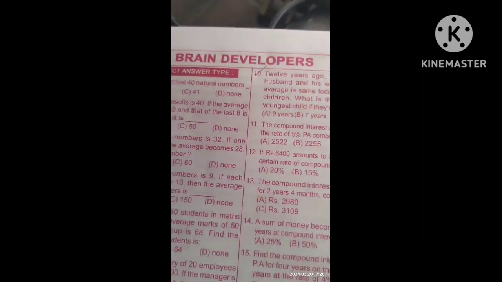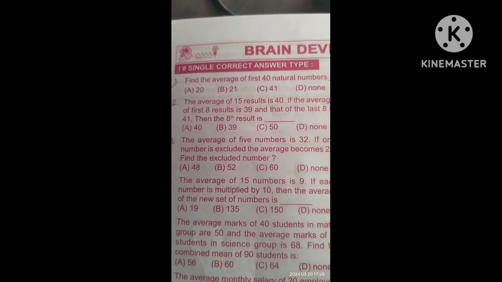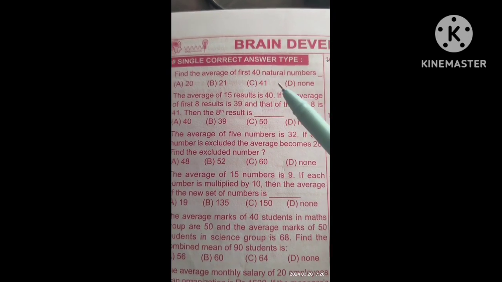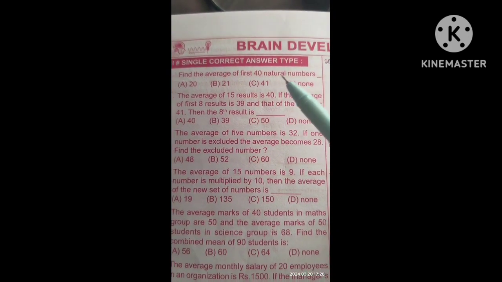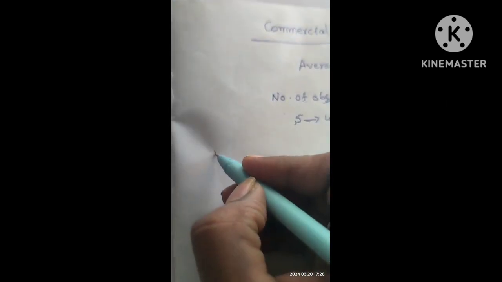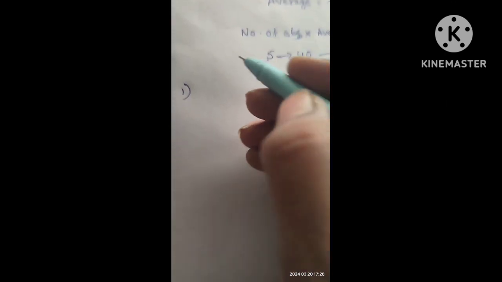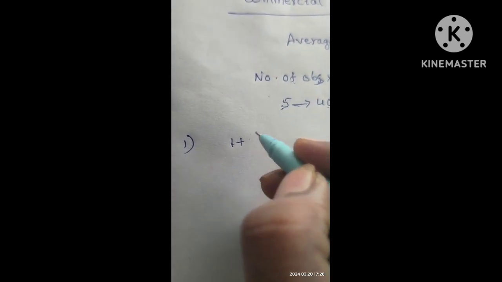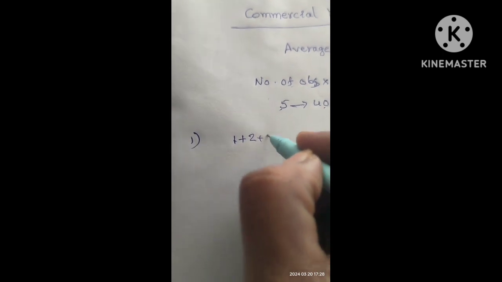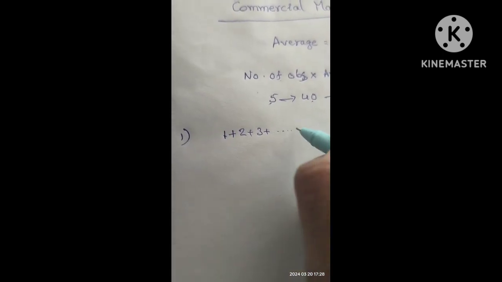See the first question. Find the average of first 40 natural numbers. So if you want the average, you know that it is sum of observations by number of observations. Sum of observations here means 1 plus 2 plus 3 and so on plus 40.